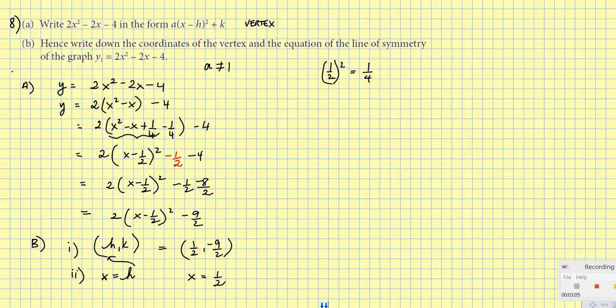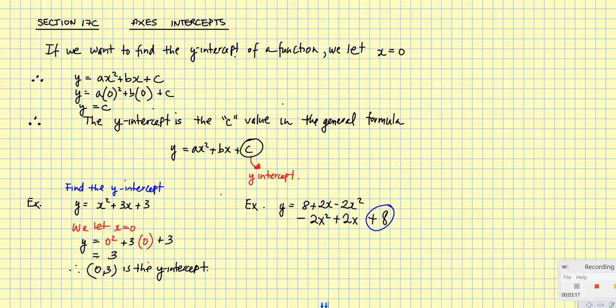What we're going to be looking at today is another form called the intercept form. So what does that involve? Basically, we're looking at the axis intercepts, either the x-intercepts or the y-intercepts. So let's assume that we wanted to find the y-intercept of a function. We've got y equals ax squared plus bx plus c.